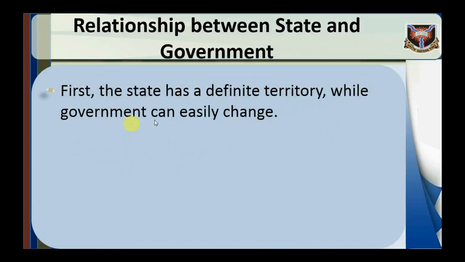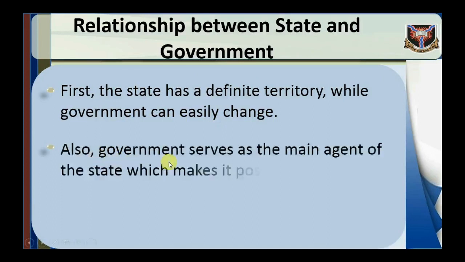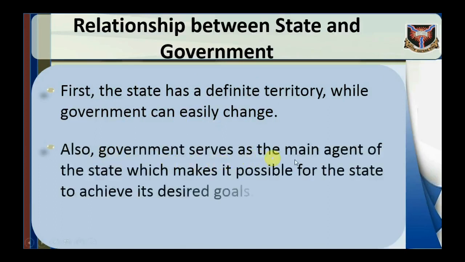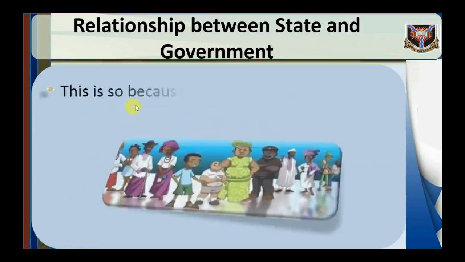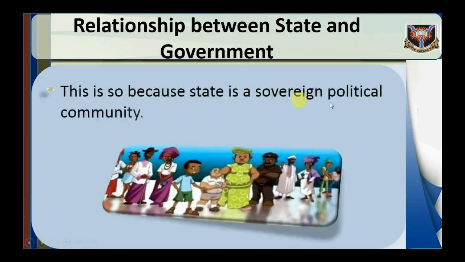On the other hand, government can easily change. Also, government serves as the main agent of the state that makes it possible for the state to achieve its desired goals. This is so because state is a sovereign political community.